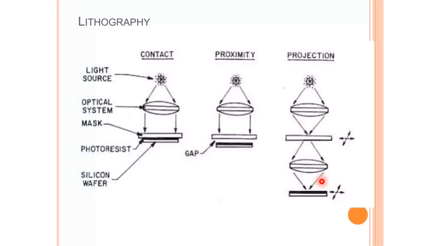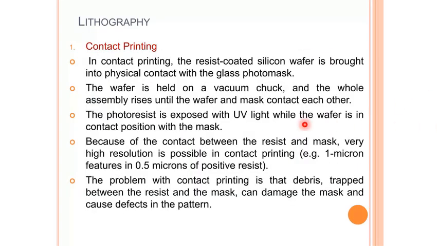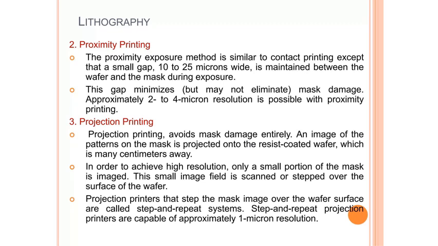And in the projection method, there is a focusing arrangement where the actual silicon wafer plate and the mask have some optical arrangement so that a more precise pattern can be transferred. Okay, so contact printing, proximity printing, and projection printing each have their own advantages, disadvantages, and cost.